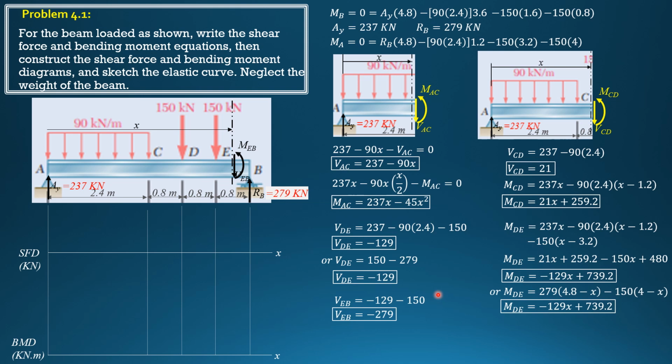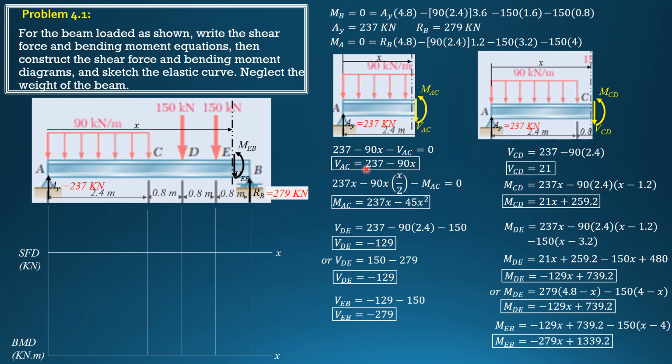We are now ready to plot the shear force and moment diagram. So for shear AC, 237, set x equals 0. The range of values for x would be 0 to 2.4 for segment AC. So when x is 0, it is 237 as shown. When x is 2.4, that is also defined in portion AB: 237 minus 90 times 2.4.